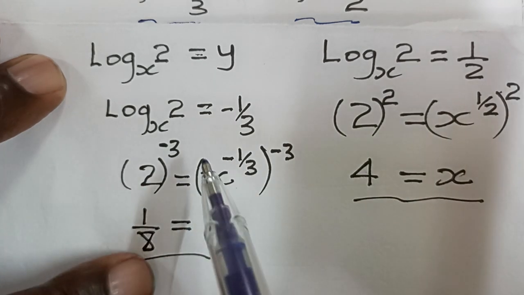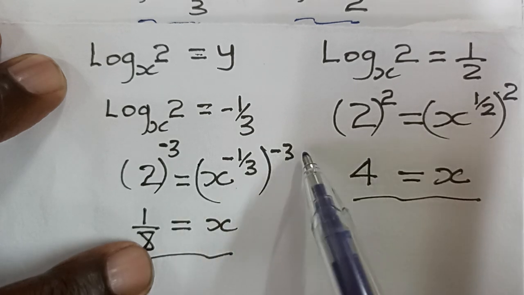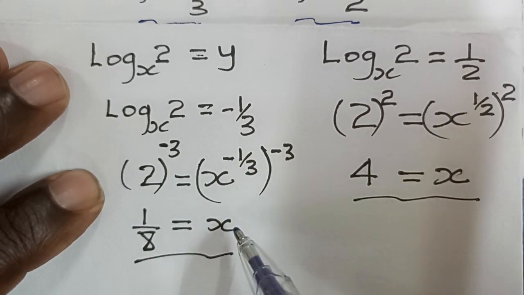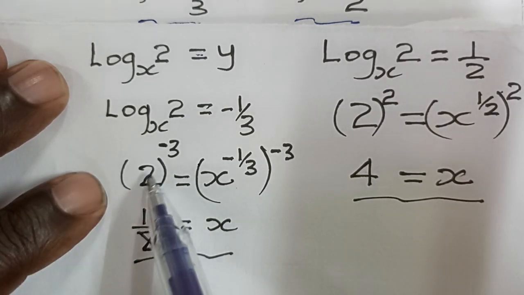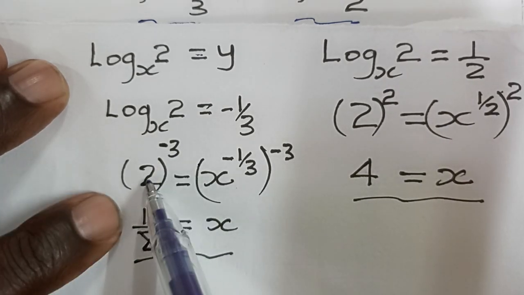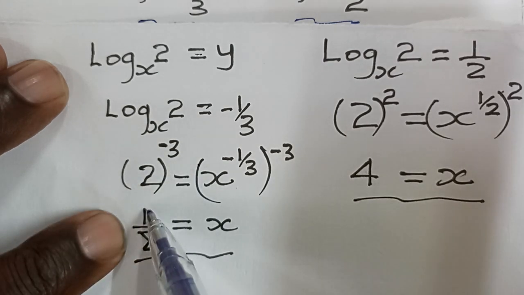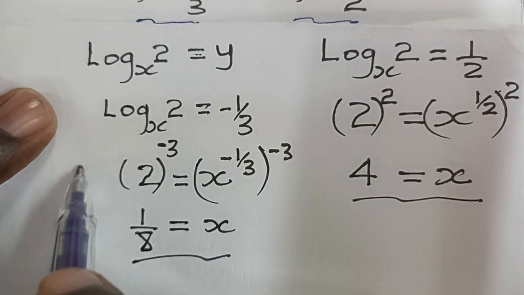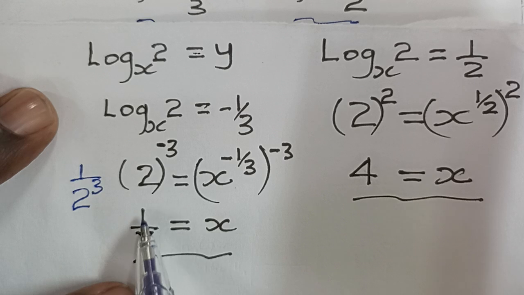For us to be able to get x here, we raise it to negative a third on this side and negative a third on this side. On this side, you shall now get x. On this side, you shall have 2 raised to negative 3, which is the same as 1 over 8. Because when you take this one down, it will be 2 raised to 3. So, guys, you get 1 all over 8.